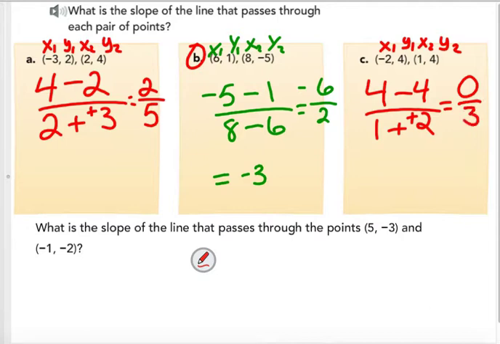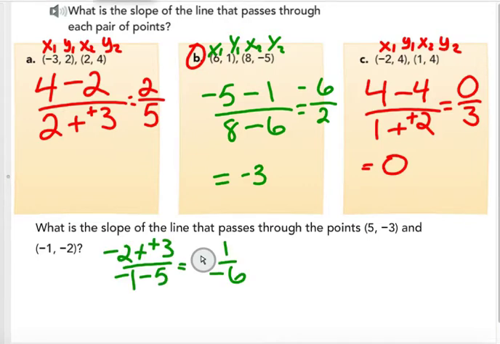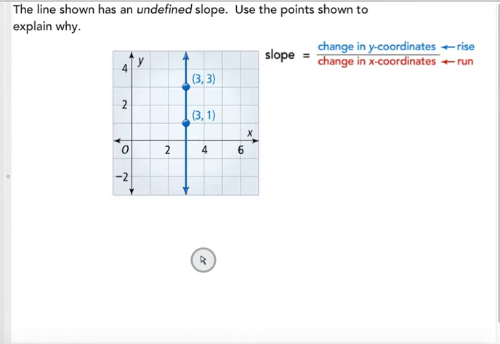We get 0 over 3. If we divide 0 by 3, we get a slope of 0, which you can have a slope of 0. So this bottom example here, after doing the formula, you get a negative 1/6 as your slope.